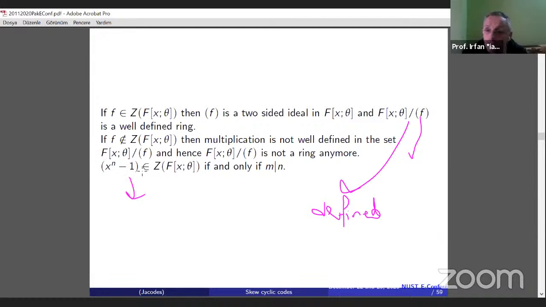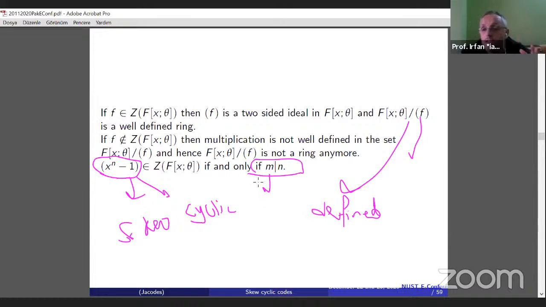And especially we are going to work with x to the n minus 1. Let us recall the cyclic shift, because we do use it, and that's what it means to be skew cyclic. So the order must divide n. So we have a restriction. It's not going to work for any length n, so it has some restrictions.